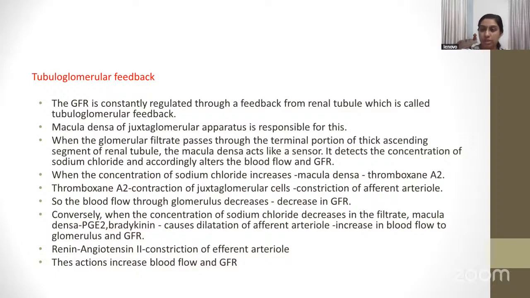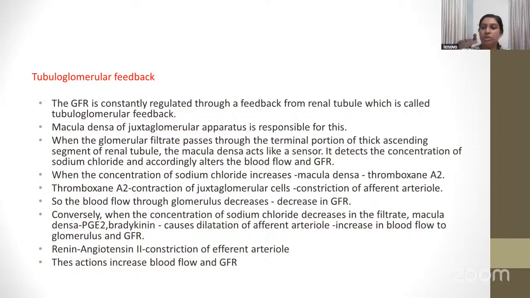Conversely, if the sodium chloride is less, that means the filtration is not taking place appropriately and hence filtration has to be increased. For that, the macula densa is again producing prostaglandin E2 and bradykinin. This will cause the dilatation of the afferent arteriole, thereby increasing the blood flow to the glomerulus and the glomerular filtration rate.